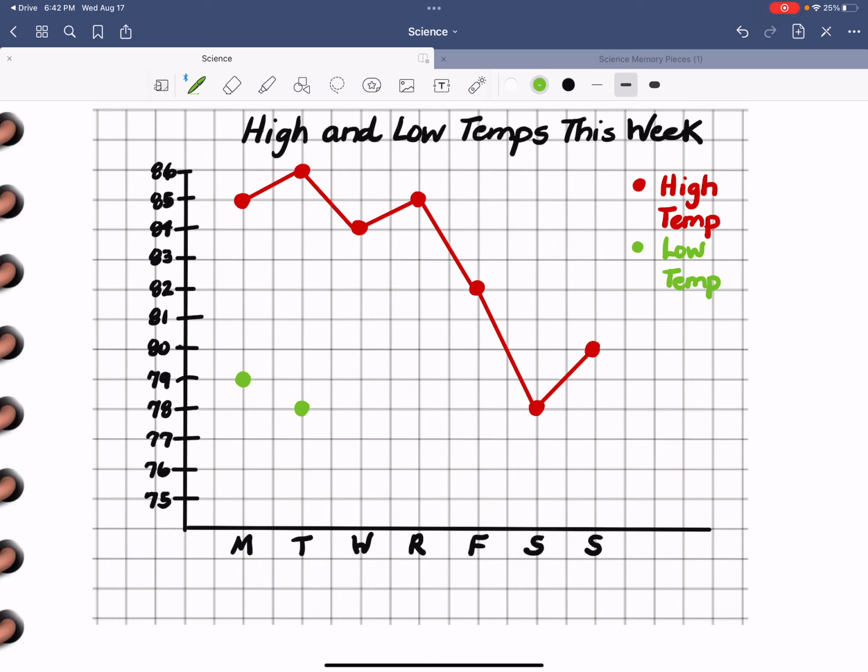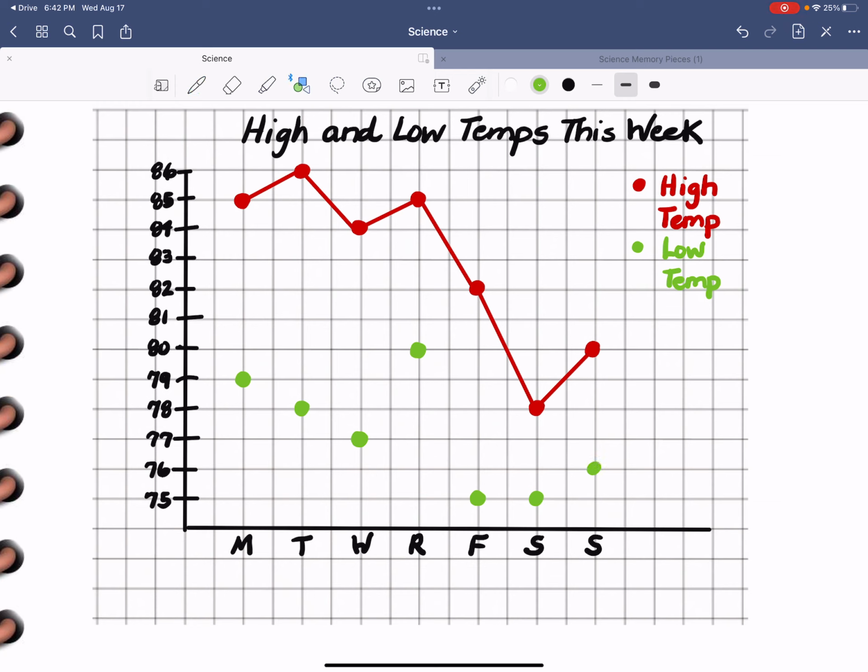Wednesday, let's do 77. Thursday, back up to 80. Friday, 75. Saturday, 75. And Sunday, 76.